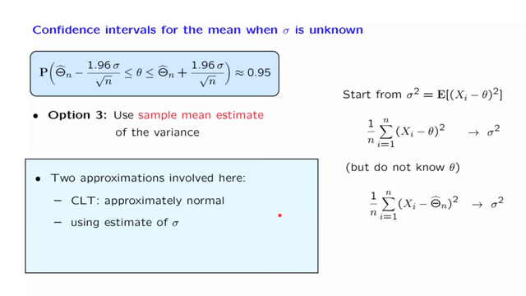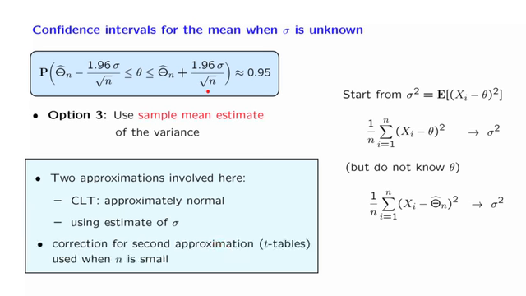Now, when we estimate sigma instead of using the true value, we're introducing some additional randomness in this procedure, and because of this randomness, the confidence intervals actually should be a little larger. There is a systematic way of doing that, and it involves using the so-called t-distribution tables, and those tables are going to give us certain numbers that are a little different from what we have here.